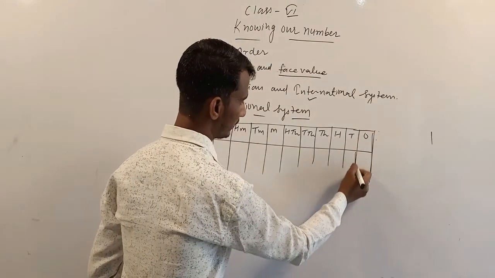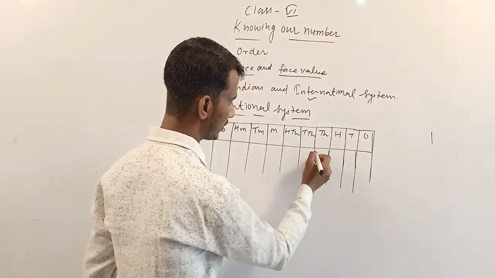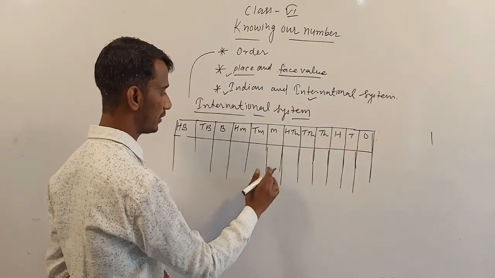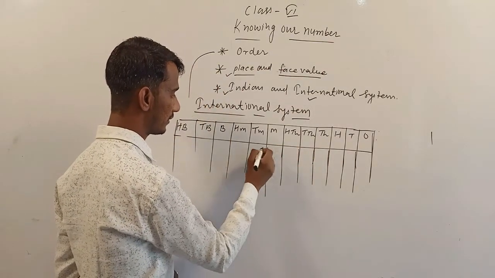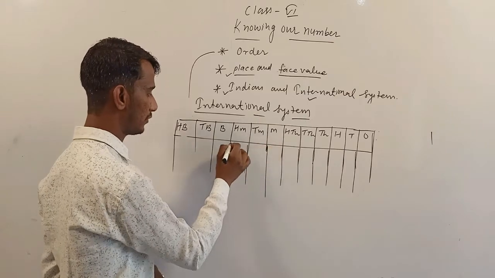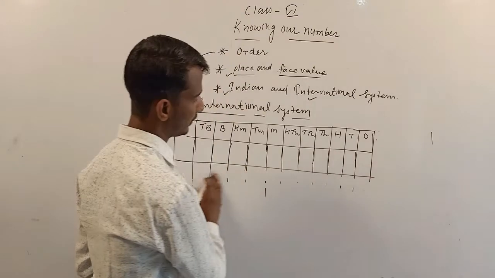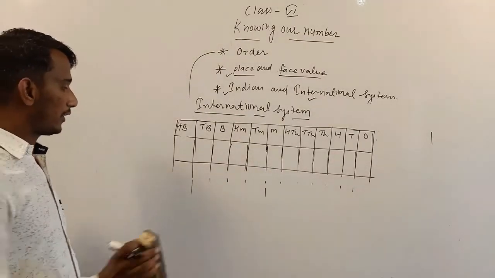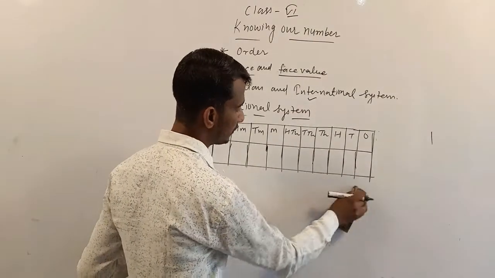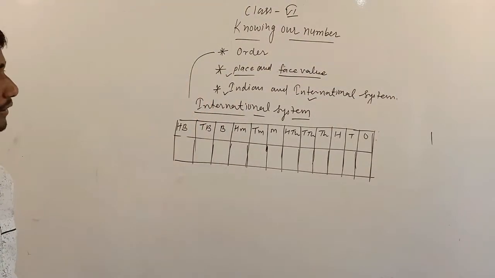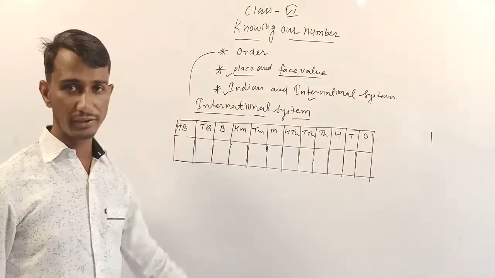So I think you are understanding the concept of the Indian system and the international system. What is changing here in the Place-Value chart? What changes are coming in both Place-Value charts? Okay. First we understand the Place-Value chart of the international system, and after that we compare between Indian and international system.